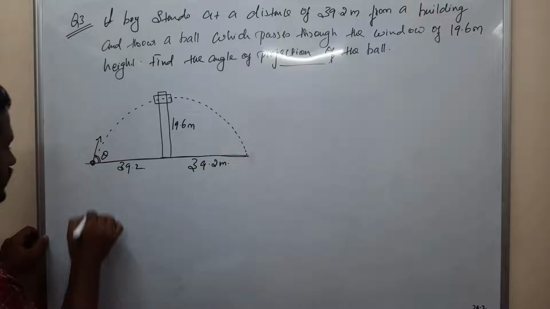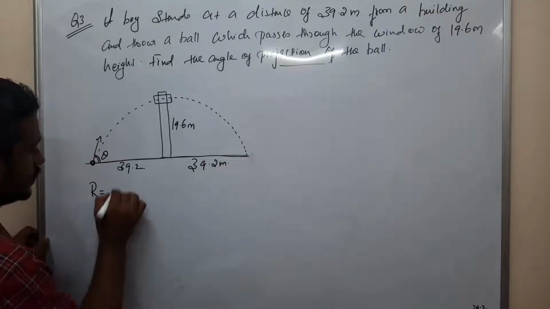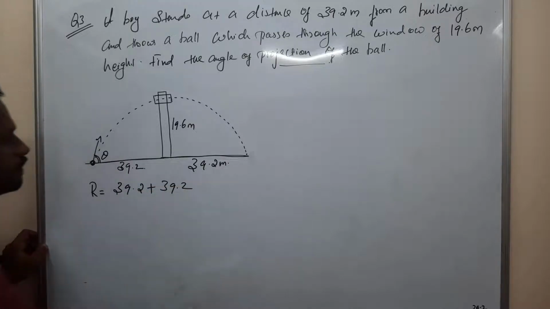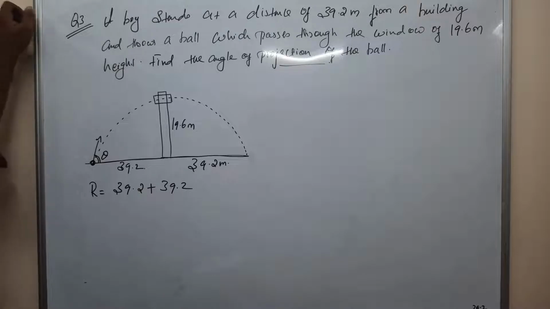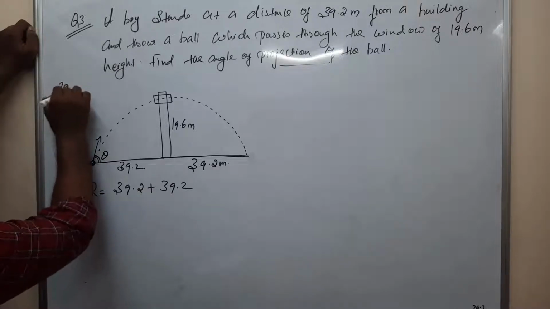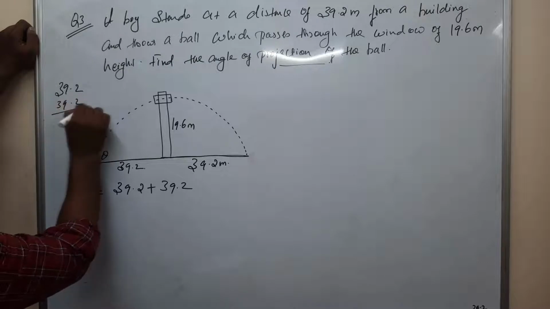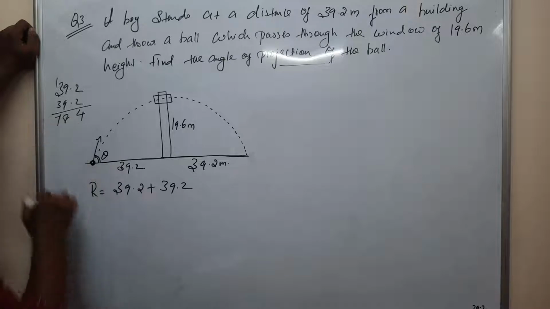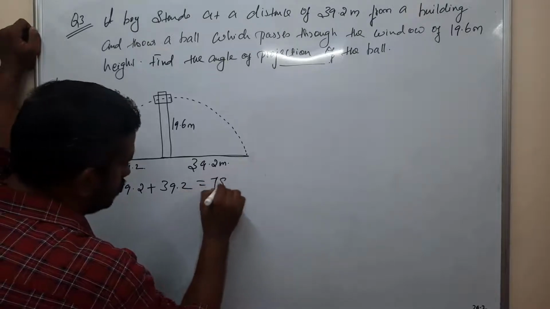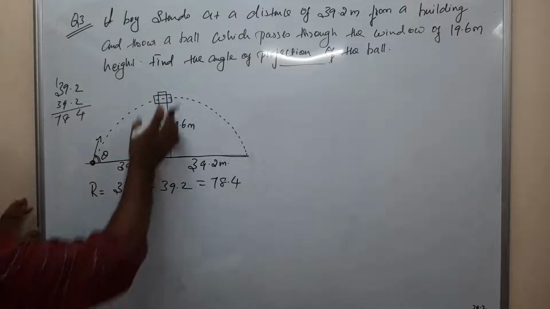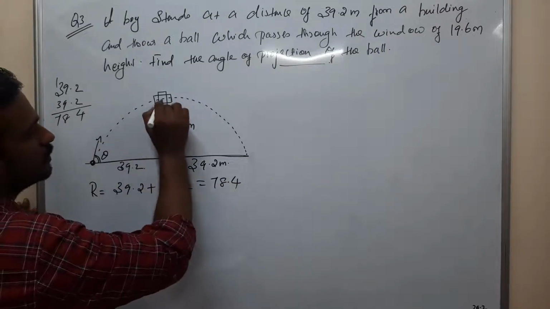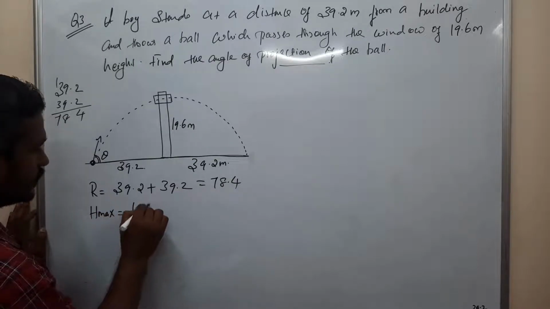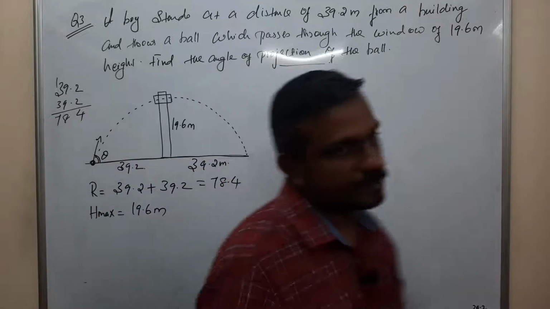So the horizontal range R is equal to 39.2 plus 39.2, so 78.4. What is the maximum height of the projectile? This is the maximum height, so H max is equal to 19.6 meter.